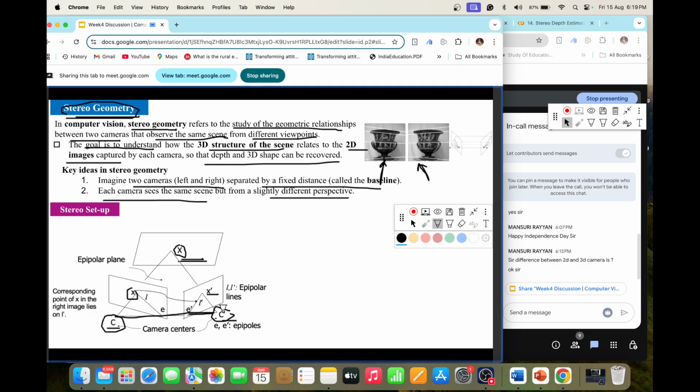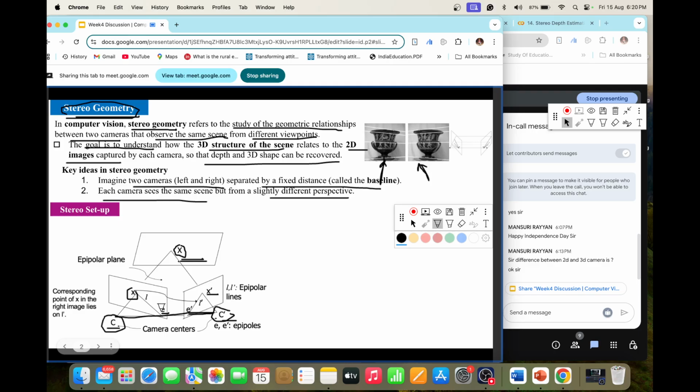What we are left with is the epipole. What is this epipole? The point at which the baseline intersects the left image plane is known as the left epipole. Similarly, the point at which the baseline intersects the right image plane is known as the right epipole. And what is the epipolar line? The line connecting the epipole with the image point is known as the epipolar line.